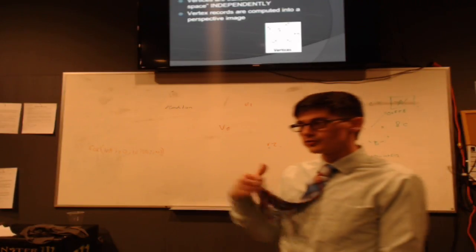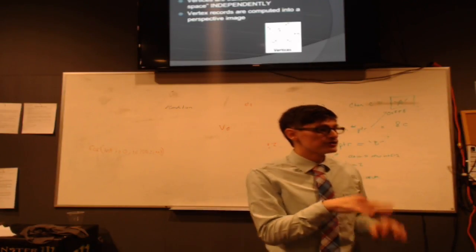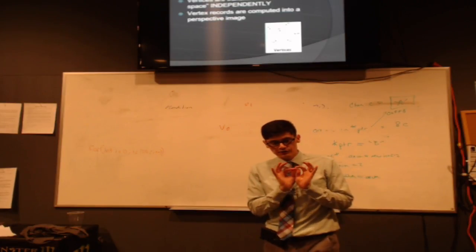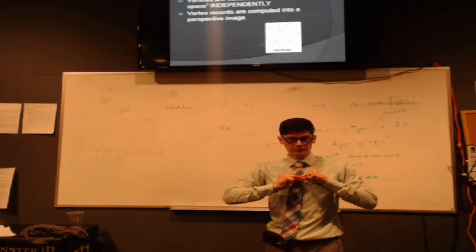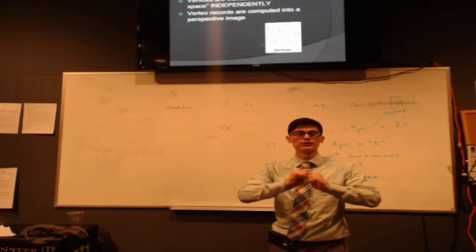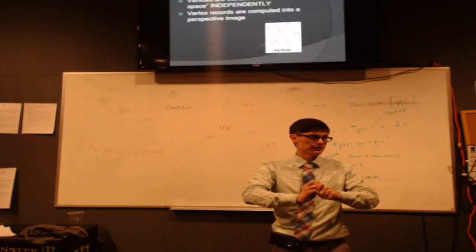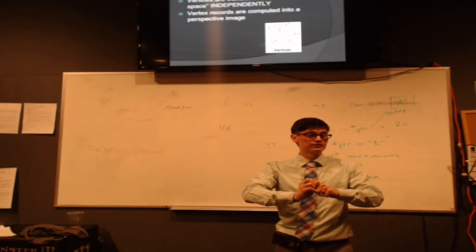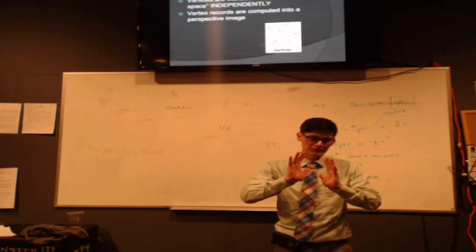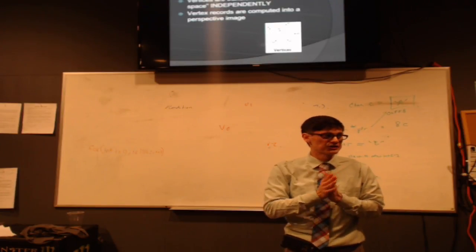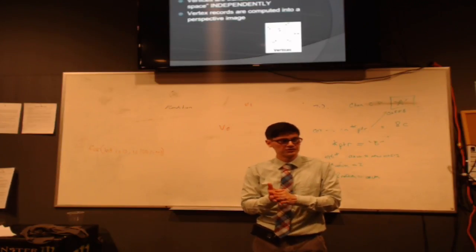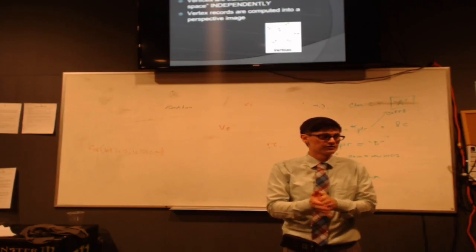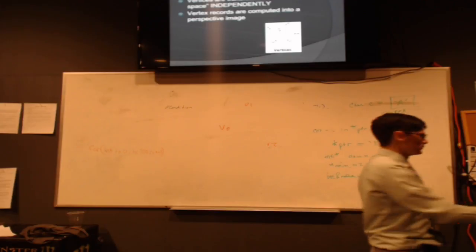So we're going to go over what that means. But your vertex shader will always output positional information, okay? And it feeds to the geometry shader, then that goes to the tessellation shader, then that goes to the fragment shader. Okay, and we'll see it here in a second.